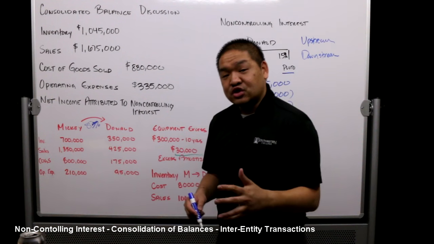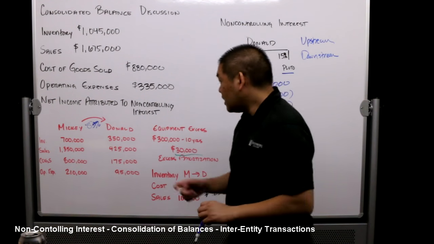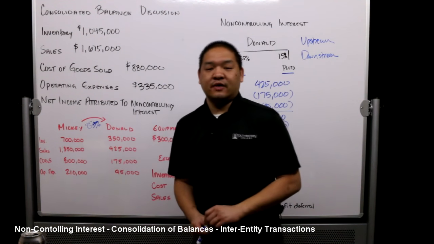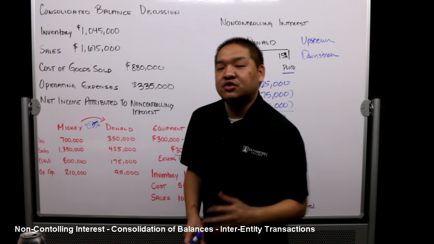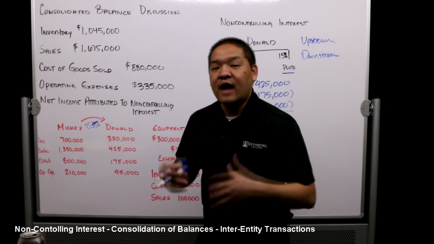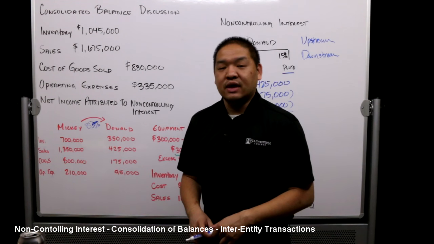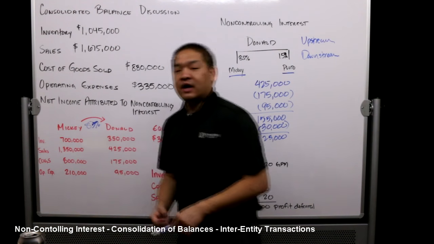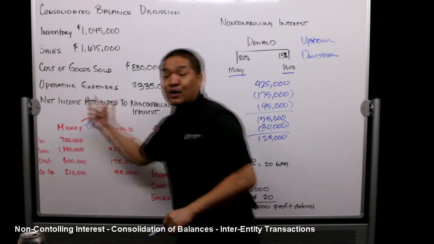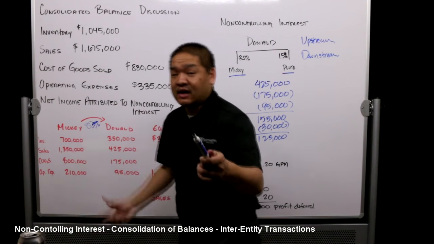In a downstream situation, we've got Mickey here who's deferring the $5,000, but it's just Mickey that's deferring the $5,000, which means for the non-controlling interest, they're not a piece of that $5,000. They're not a piece of that non-controlling interest because Mickey is deferring it, not Donald. Okay? And those 15% don't own Mickey, therefore the $5,000 doesn't mean anything.